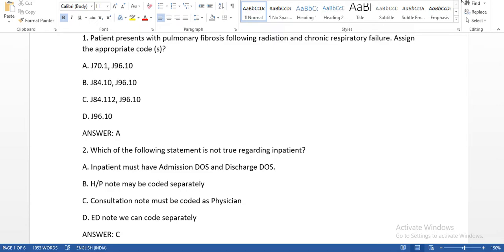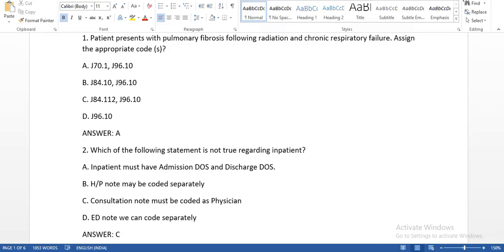Medications may slow down scarring and help preserve lung function. Oxygen therapy and staying active may relieve symptoms. The conditions which are not curable we consider chronic conditions, and pulmonary fibrosis is one example. So we need to code this.